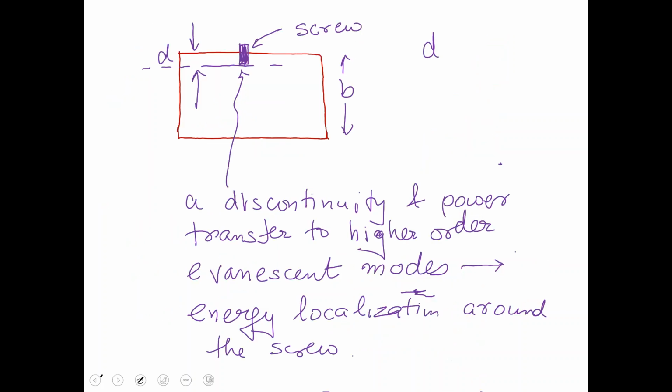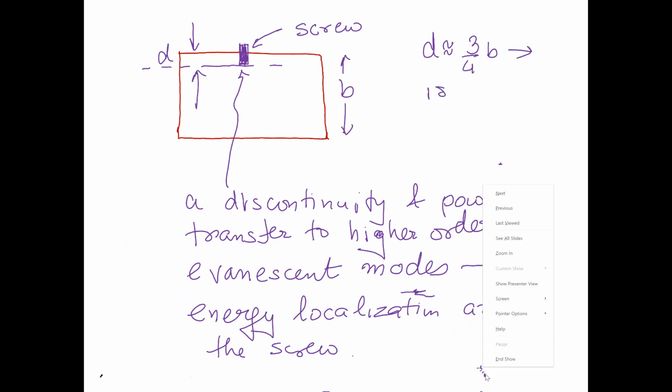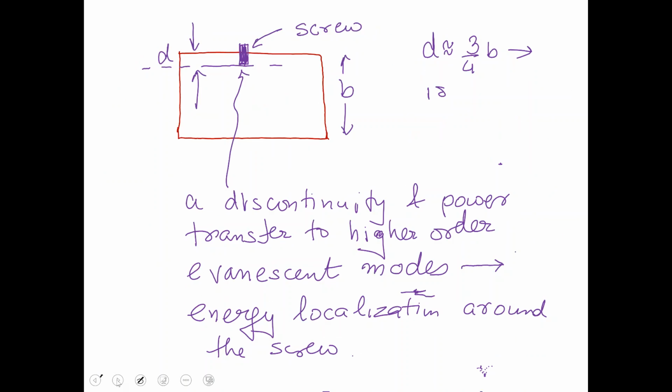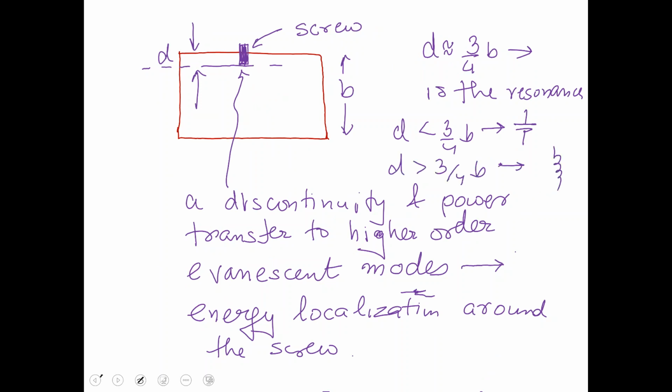For D approximately 3 by 4 B is the resonance. For D less than 3 by 4 B, it acts like a capacitor. For D greater than 3 by 4 B, it acts nearly like an inductor.